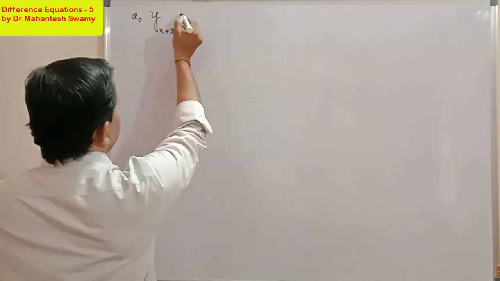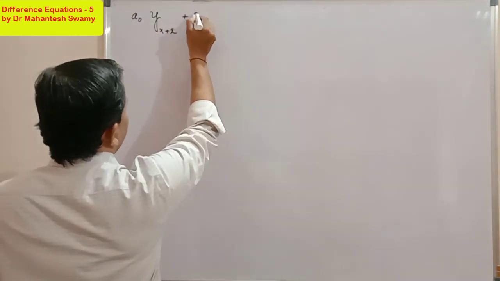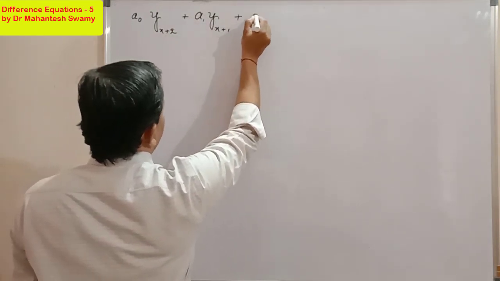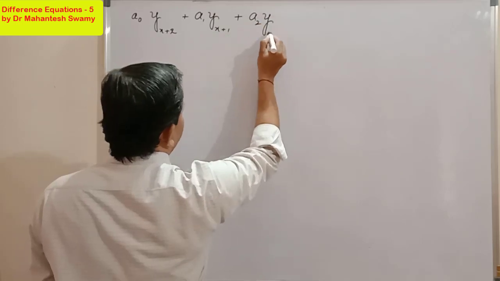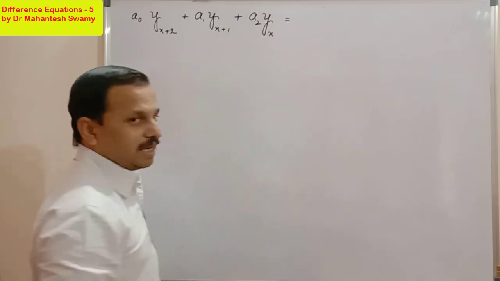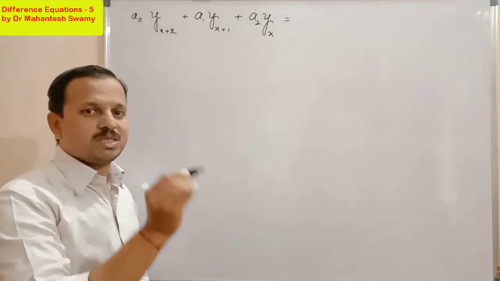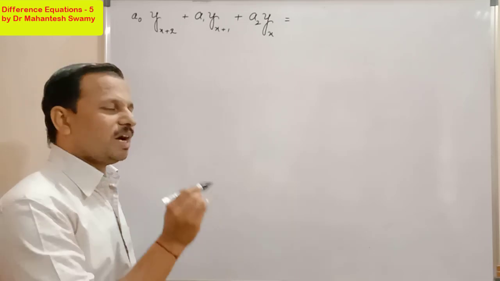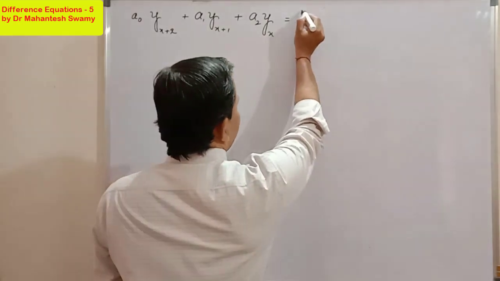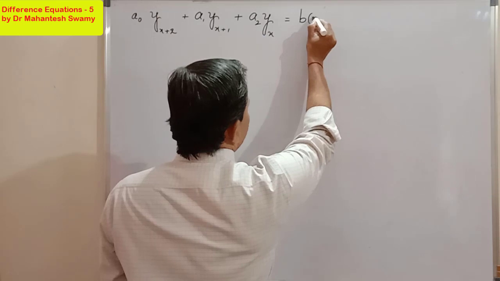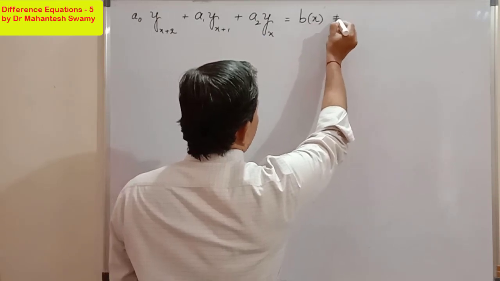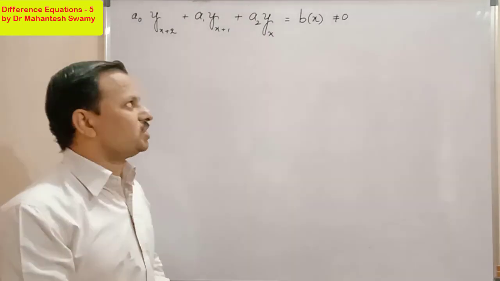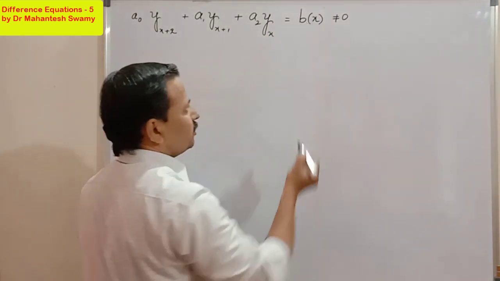So it is a naught y x plus 2 plus a1 into y x plus 1 plus a2 into y x equals to, on the RHS, in the previous videos it was 0 because the equations were homogeneous. Now the equations which we are considering are non-homogeneous, therefore the right hand side function will not be 0. It will be a non-zero function of x, or it can be a constant. So it is some value present on the right hand side.